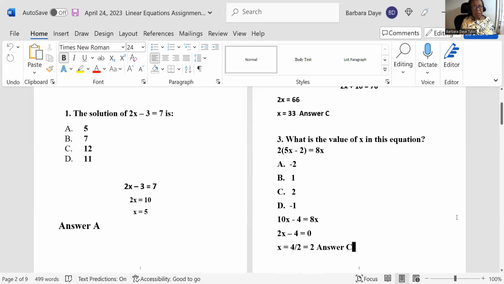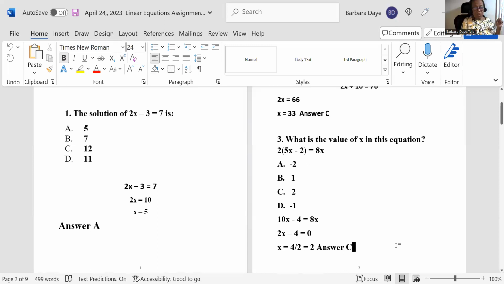Is that clear, Mercedes? So the last part she divided 2 into 4, right? She added a 4 to both sides, Mercedes. That gave her a plus 4 on the right and a 0 on the left. So she was left with 2x equals 4. And then she divided by the 2, and 4 over 2 is 2.